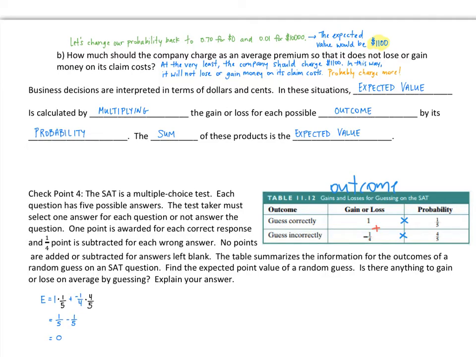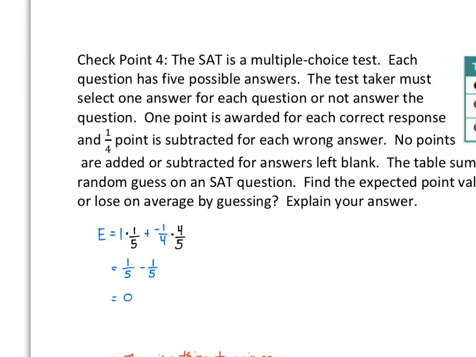So when we're going through and trying to calculate our expected value, the outcome of getting a correct answer is 1 out of 5, plus losing 1/4 of a point is 4 out of 5, because there's only 1 out of 5 correct answers, but there's 4 out of 5 incorrect answers. So that's where we get those probabilities from. So now when we go through and we calculate, we get an expected value of 0.